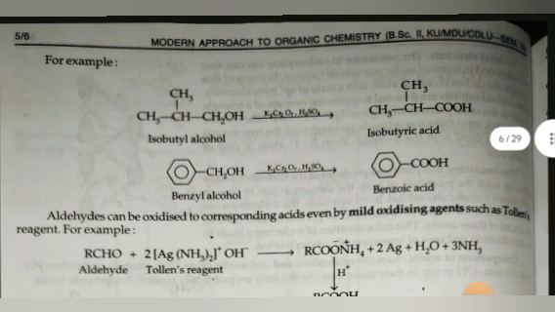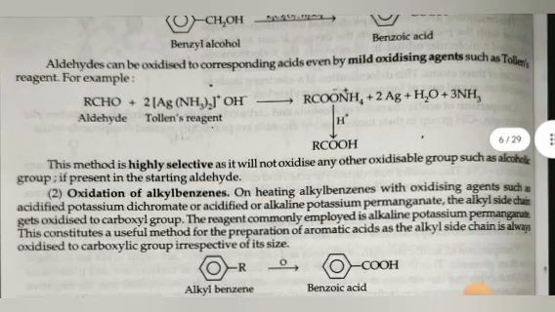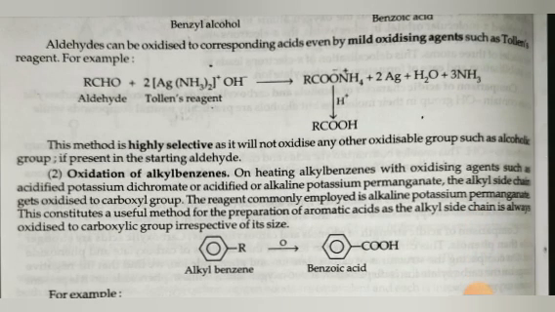For example, isobutyl alcohol in the presence of K2Cr2O7/H2SO4 gives rise to isobutyric acid. Benzyl alcohol in the presence of K2Cr2O7/H2SO4 gives rise to benzoic acid. Aldehyde can be oxidized to the corresponding acid even by mild oxidizing agents such as Tollens reagent.